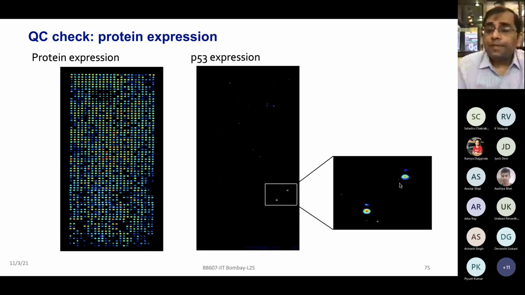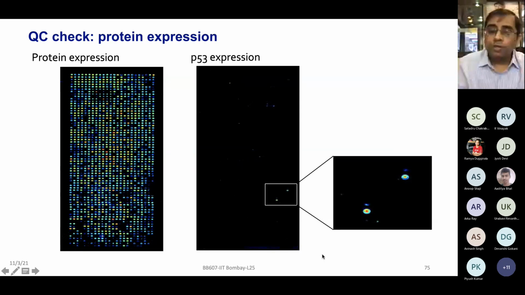Let's say now you want to test the protein expression on the array, and all the proteins are expressing with a GST tag. What if I use a specific antibody like P53, can it pick up only the P53 gene, which has made the protein now? In this case, when we probe the entire array with an anti-P53 antibody, only the P53 proteins show binding, which ensures that protein-specific expression can be seen on these arrays.